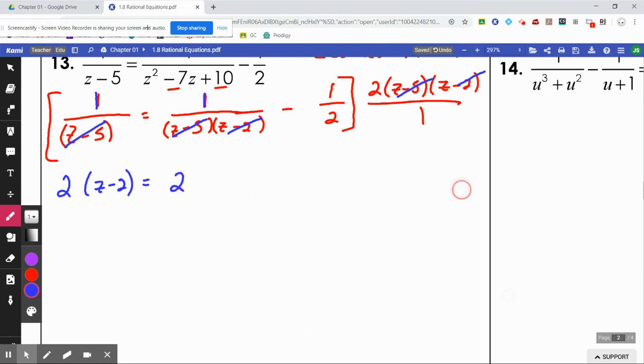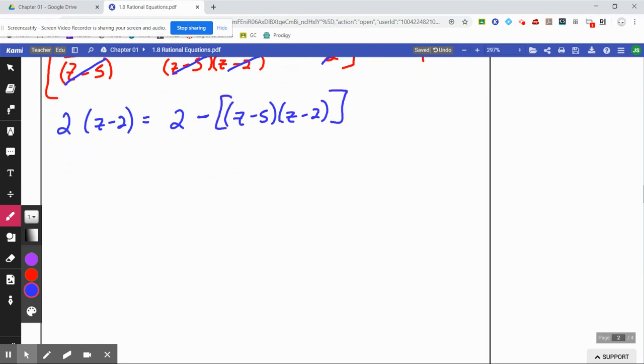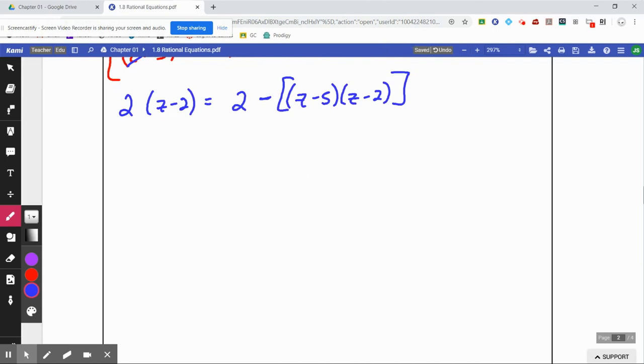In my third term, bring down the minus. The 2s cancel and leave you with z minus 5 and z minus 2. And remember, this minus is minus that whole thing once you distribute it out, so you've got to be careful there. Here we distribute, that'd be 2z minus 4 equals 2 minus, implied parentheses.